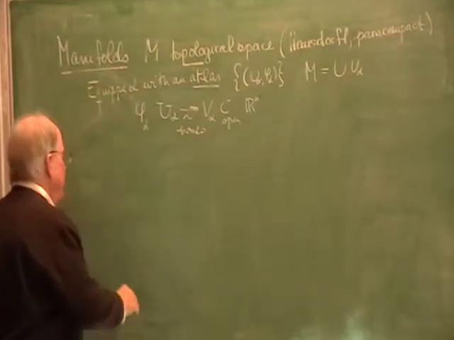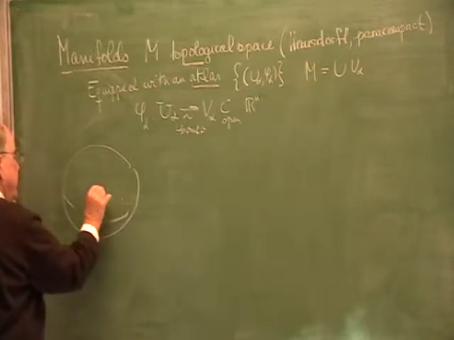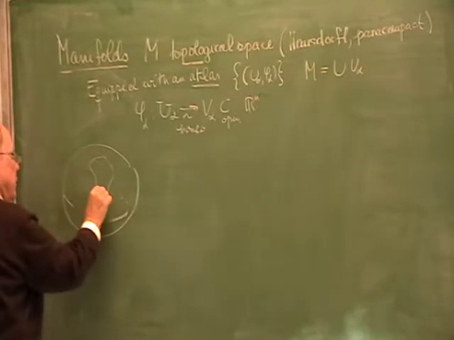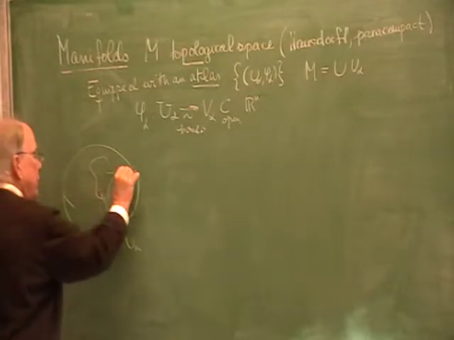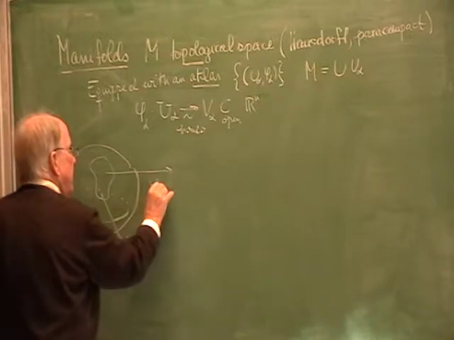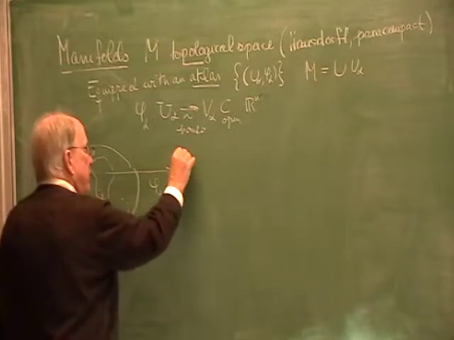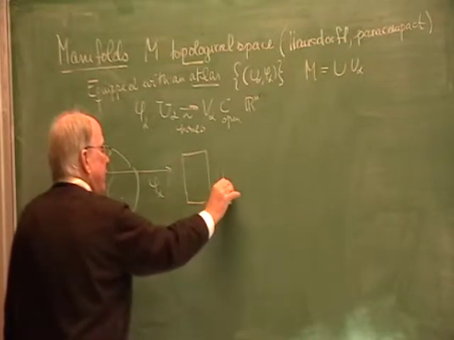So you should have the usual picture in your mind. If you have a sphere or something, you have some open set U alpha, which you want to understand better, so you have some homeomorphism to some page in the atlas, maybe Phi alpha.